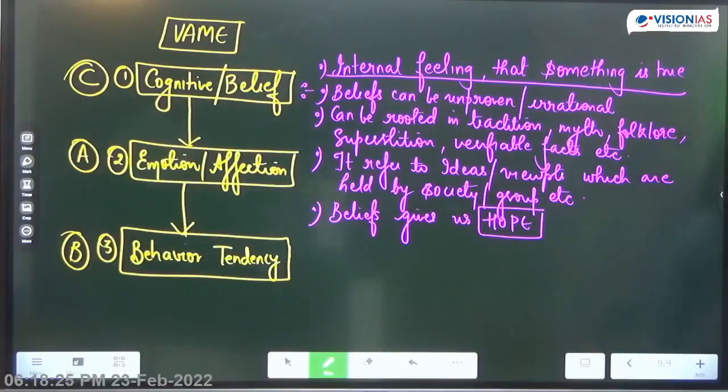Beliefs give us hope. It is the belief on which human beings thrive.